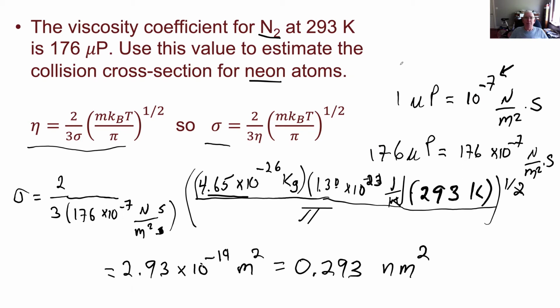The statement of the problem is what had me flinching at that mass, because I recognized that. Okay, so that is for N2, not for neon atoms. Okay, well, we'll see. Maybe I'll decide to do that one again.